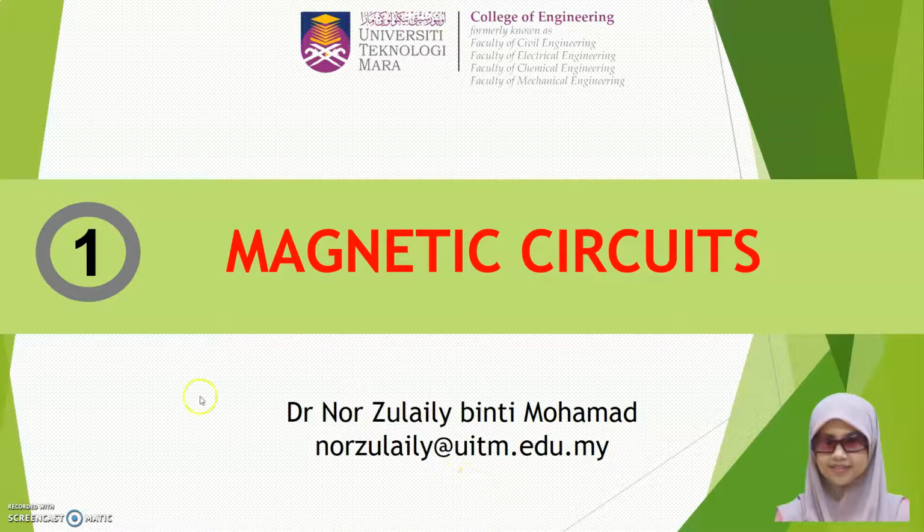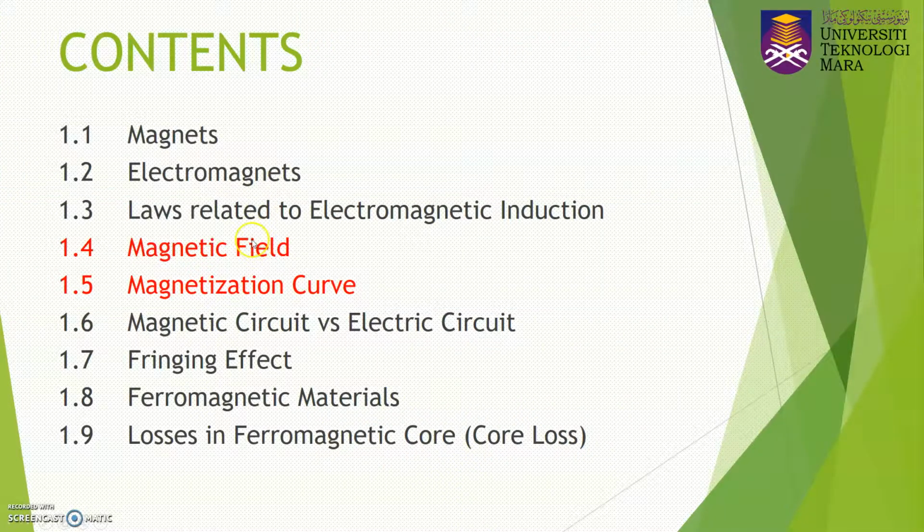Let's move to the next slide where we are going to see the subtopics that we are going to cover in this video. In this video, we are going to see the definition of the magnetic field and how to produce it. After that, we are going to see the important equations needed to solve magnetic field problems.